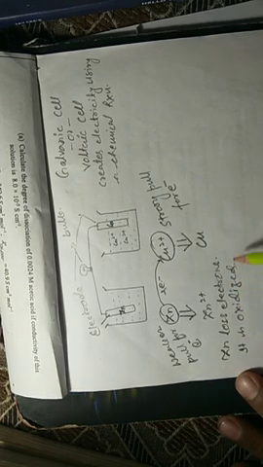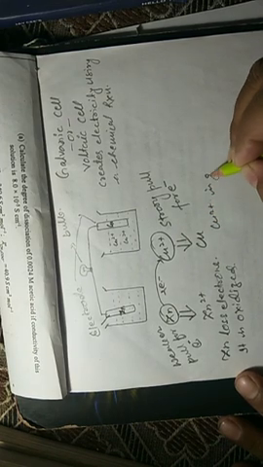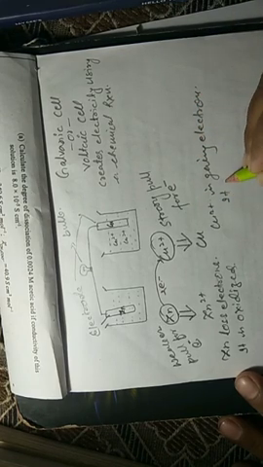Now zinc lost electrons and it is oxidized. Cu2 plus is gaining electrons and it is reduced.